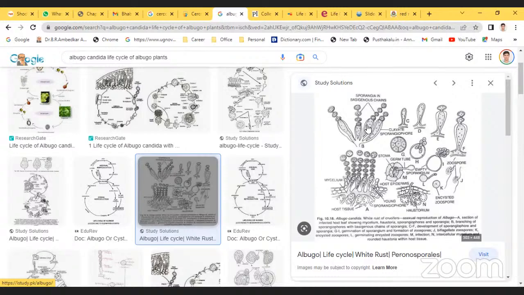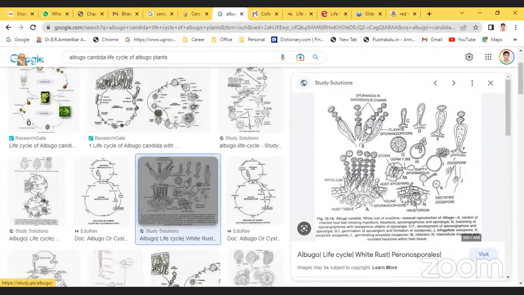One or more nuclei are present in the tube. Only one of them fuses with the egg nucleus. The zygote or oospore secretes a thick wall around the periplasm.